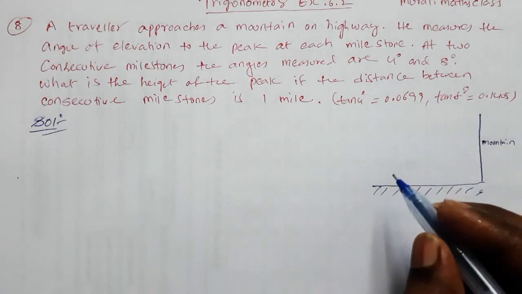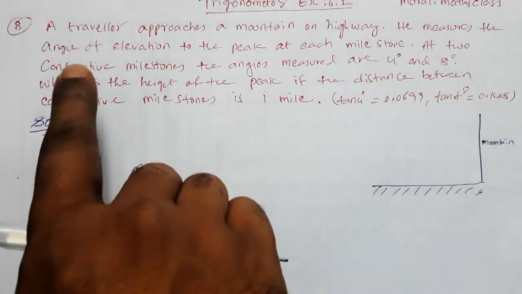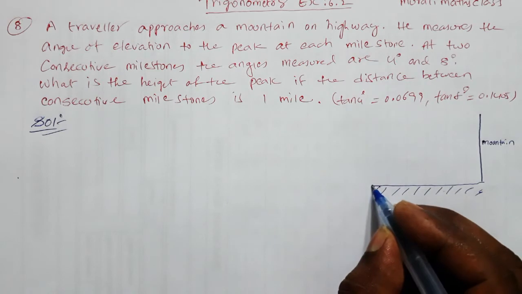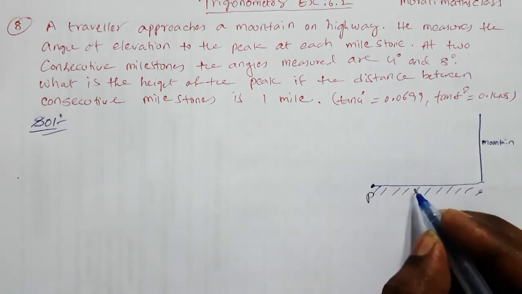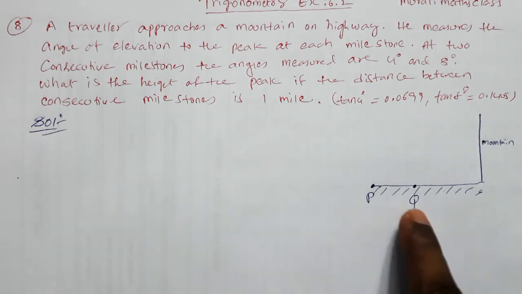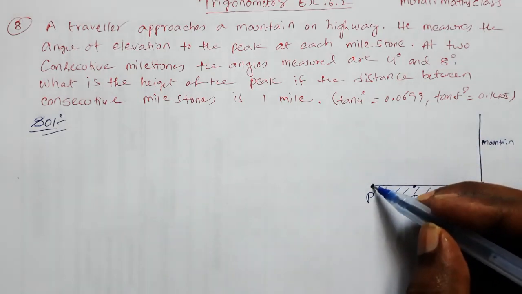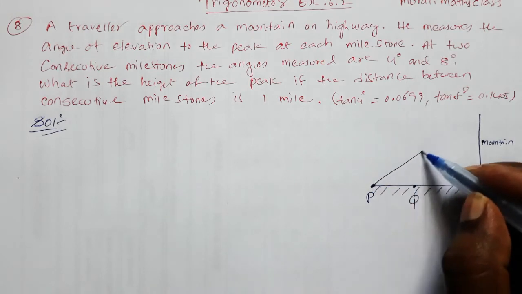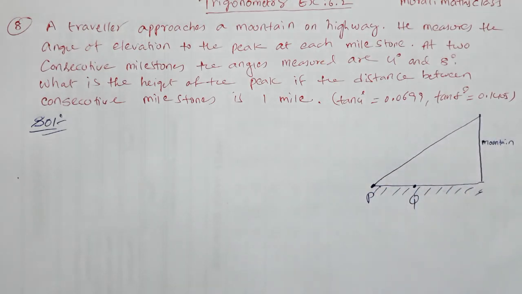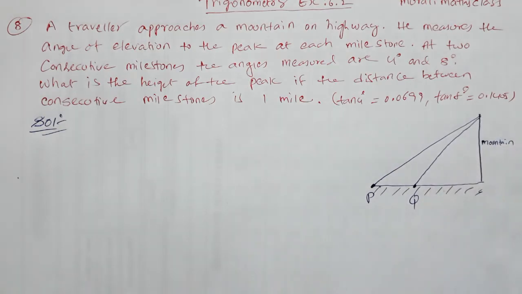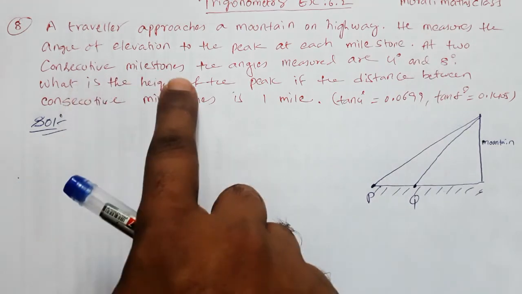Take one point here, P, and one more here, Q, because he said two consecutive milestones. Join them to the peak of the mountain.